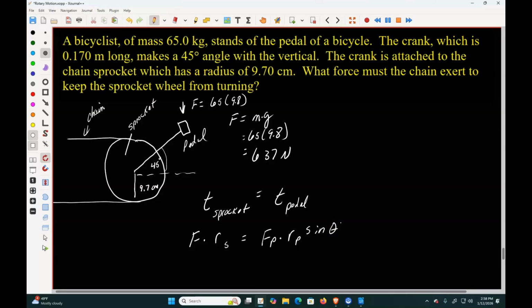All right, so the force of the sprocket times 0.097 is going to equal the force, which is 637, times its radius, which is 0.17, times the sine of 45.